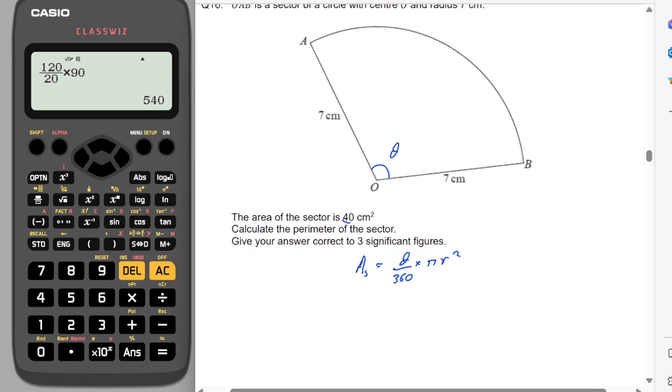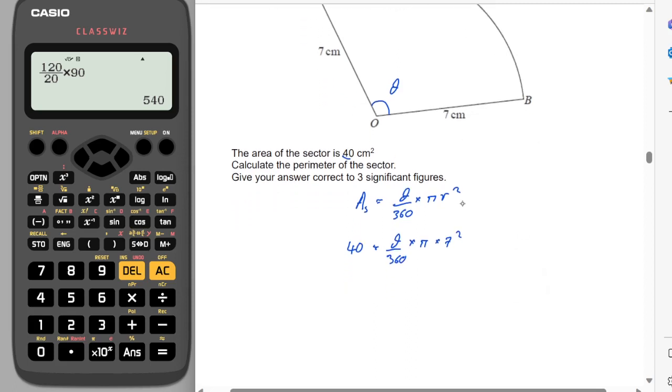So in this case, 40 is going to be equal to theta divided by 360 times by pi times by the radius squared, so times by 7 squared. So in effect, if we rearrange this in one step, I'm going to say that theta is going to be equal to 40 times by 360 divided by 49 pi.